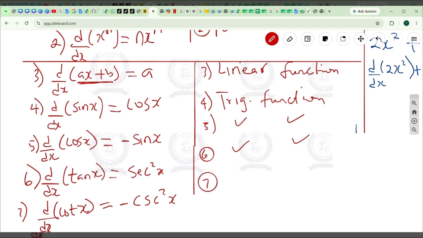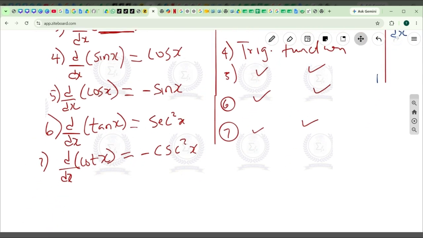This is number 7, which is also a trig function. Now, like I said, we'll be looking at so many trig functions. How many trig functions have we gotten now? 1, 2, 3, 4, 5.